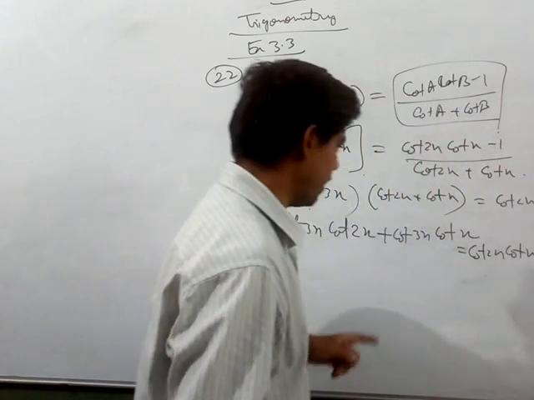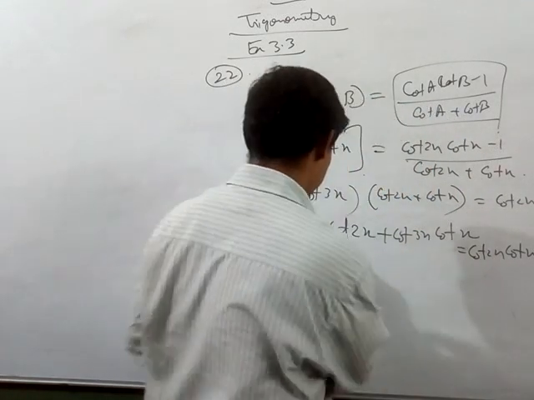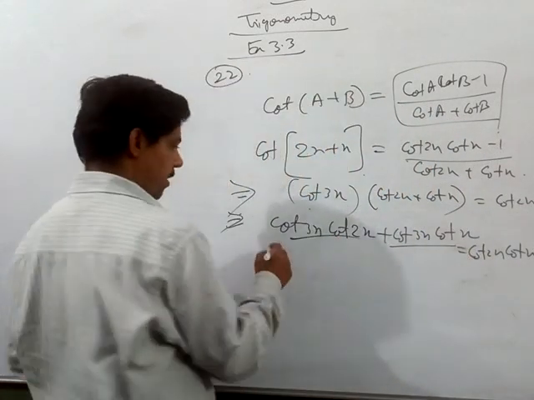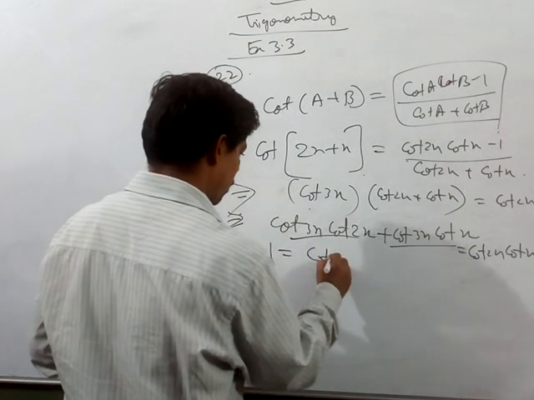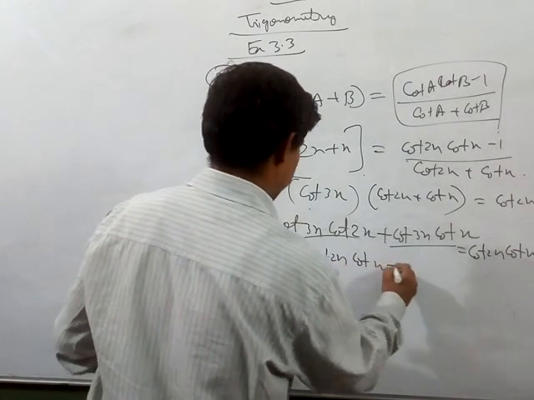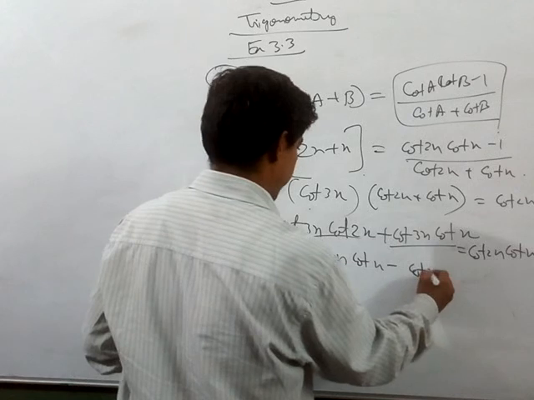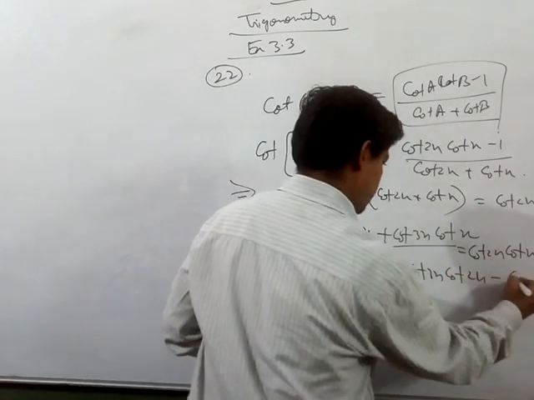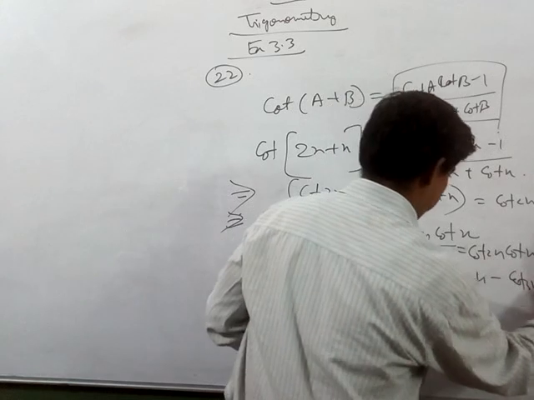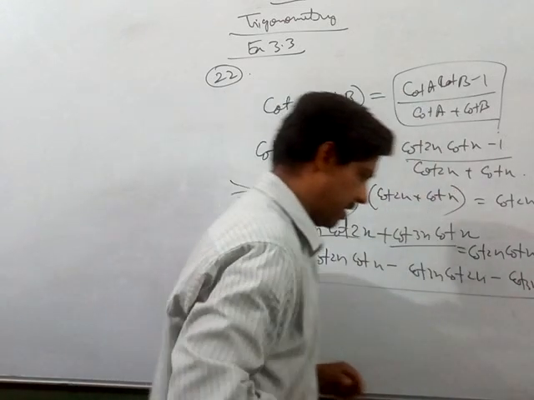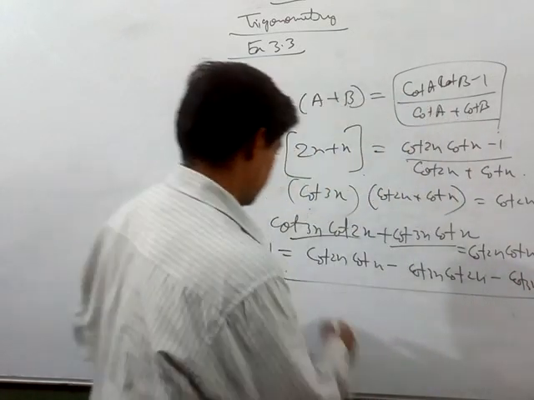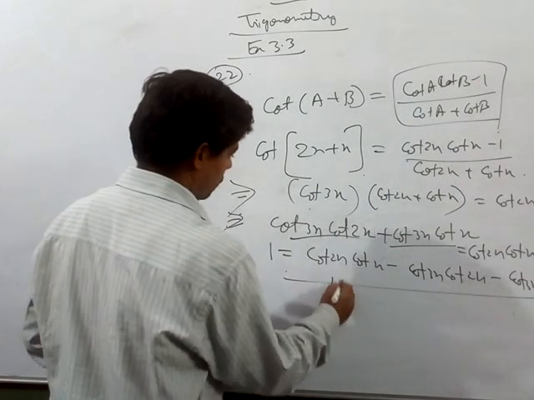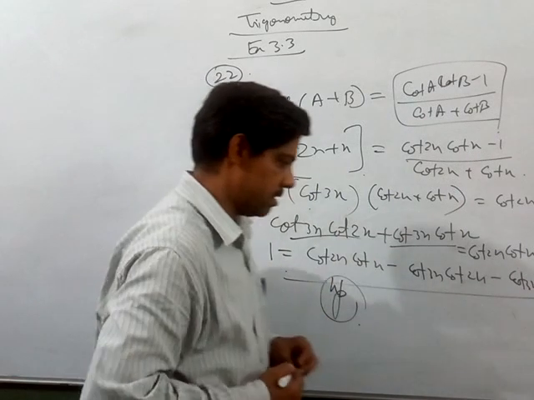We can just take 1 to that side and these two terms can be brought to the RHS and you will get 1 is equal to cot 2x cot x minus cot 3x cot 2x minus cot 3x cot x. You can check. Yes, LHS is equal to RHS, hence we have proved this question, right? So this question is proved.